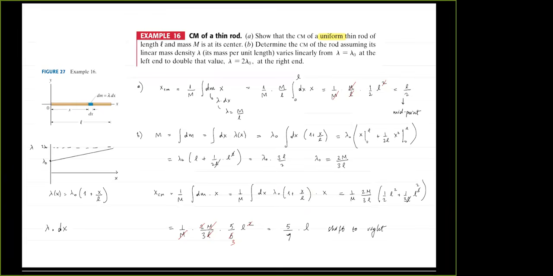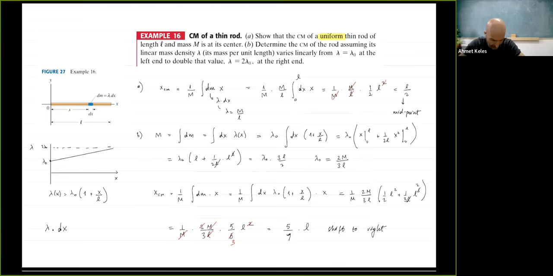But the point is, sometimes it's not uniform, right? So if it is not uniform, you need to find lambda in terms of the little dm over dx. Okay, right? That's clear, right? So lambda is the total mass in this little chunk, which we show with dm, and you need to divide it by little dx.